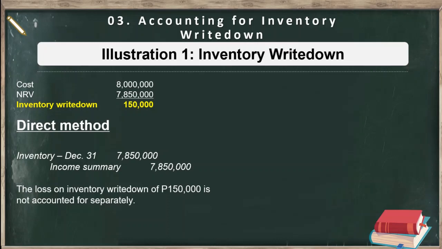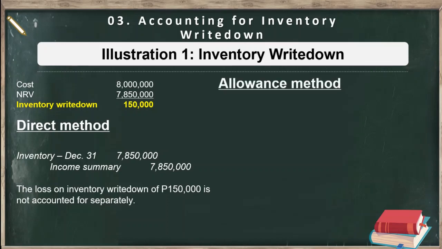This entry will have the effect of increasing the cost of goods sold because the NRV is lower than cost. The ending inventory is a deduction to get the cost of goods sold. So if the deduction, which is the ending inventory, is lesser, it will result in a greater amount of cost of goods sold by 150,000.